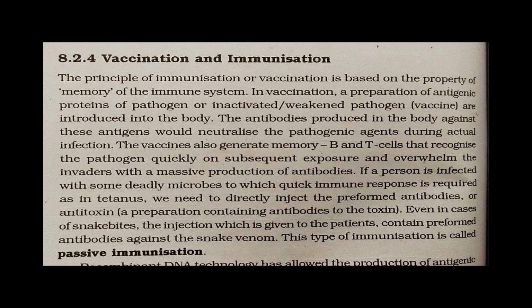The vaccine also generates memory B and T cells that recognize the pathogens quickly on subsequent exposure and overwhelm the invaders with a massive production of antibodies. If a person is infected with some deadly microbes to which a quick immune response is required, as in tetanus, we need to directly inject the preformed antibodies or antitoxin, a preparation containing antibodies to the toxin.